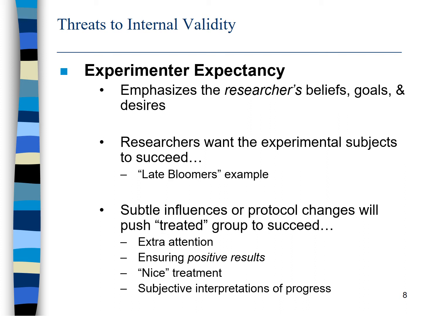Now, were those 5 students really late bloomers, or was the teacher, who now is playing the role of, quote unquote, the researcher, being driven because they were fed a bunch of information and really tried to help the students? Did they give them extra attention? Did they find ways to ensure positive results?